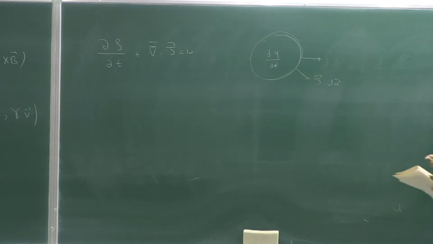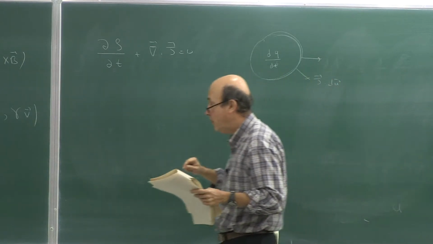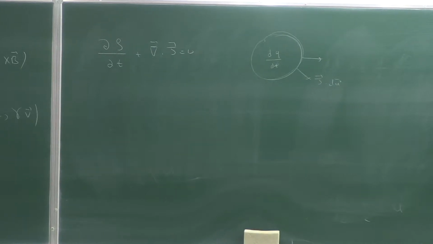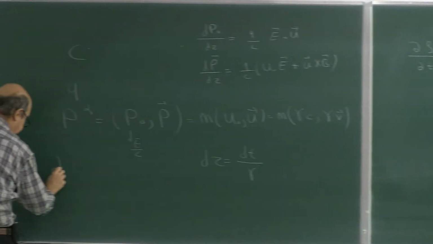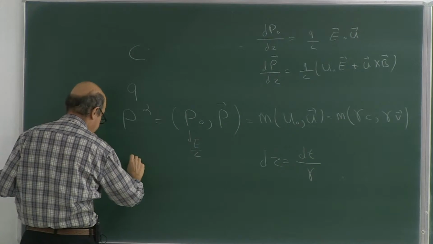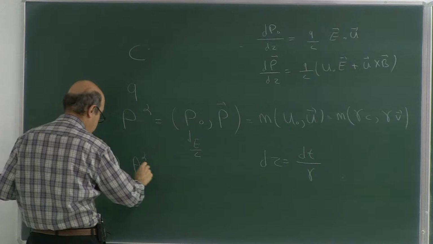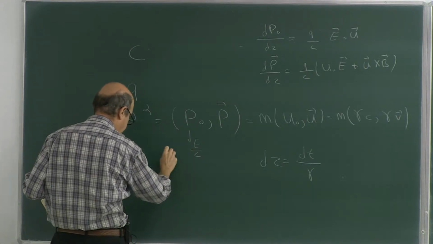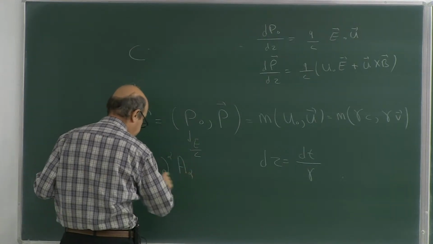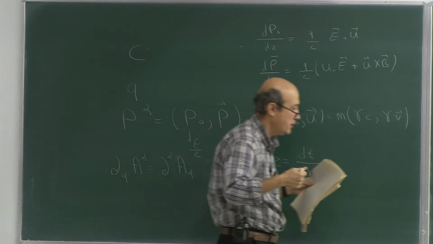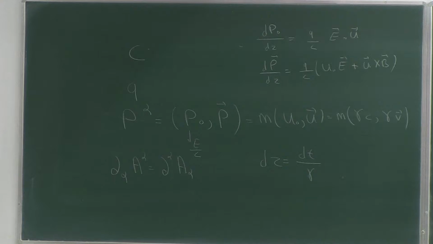We saw last time the covariant form of the continuity equation. If you remember, I derived that del alpha a alpha is equal to del alpha a alpha for all coordinates. It doesn't matter. So the continuity equation was in covariant form in all coordinates.